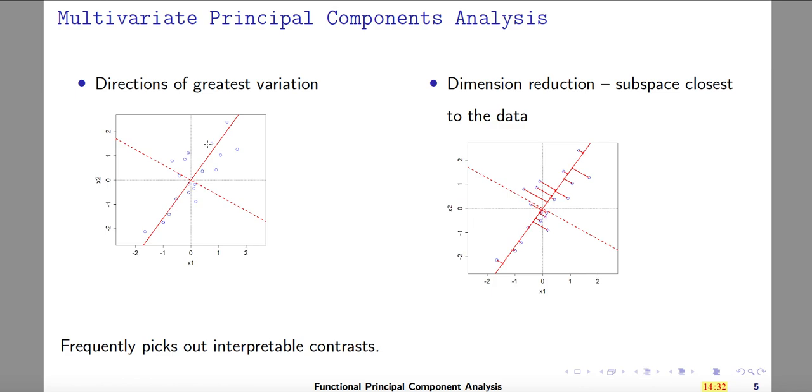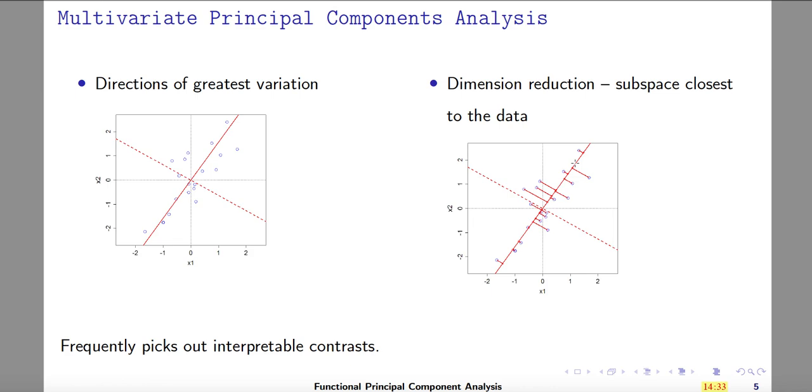You will find that in the direction of this solid red line, the circles have the largest variation. So we pick this direction as our first principal component. Then we can project all this two-dimensional data onto this one-dimensional principal component line, so two dimensions become one dimension.